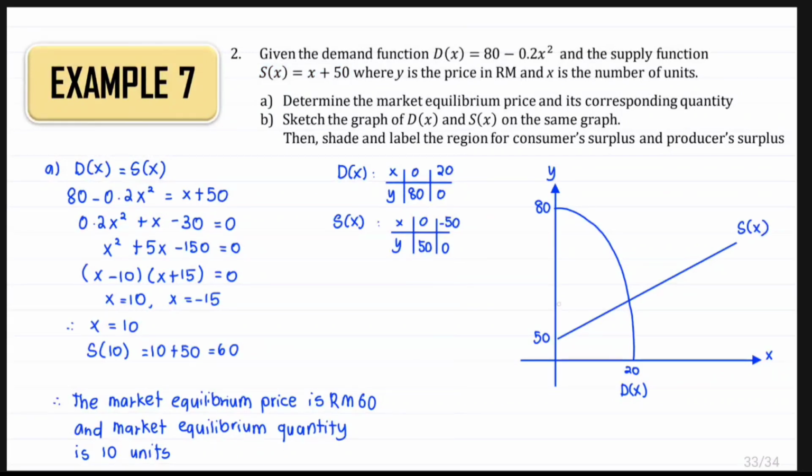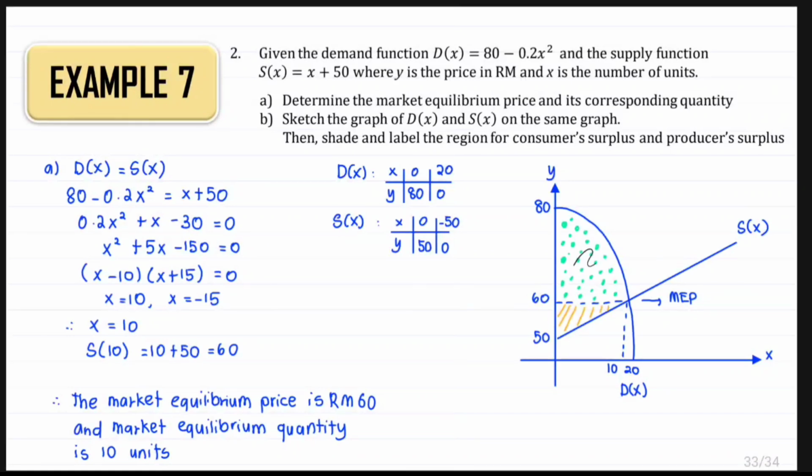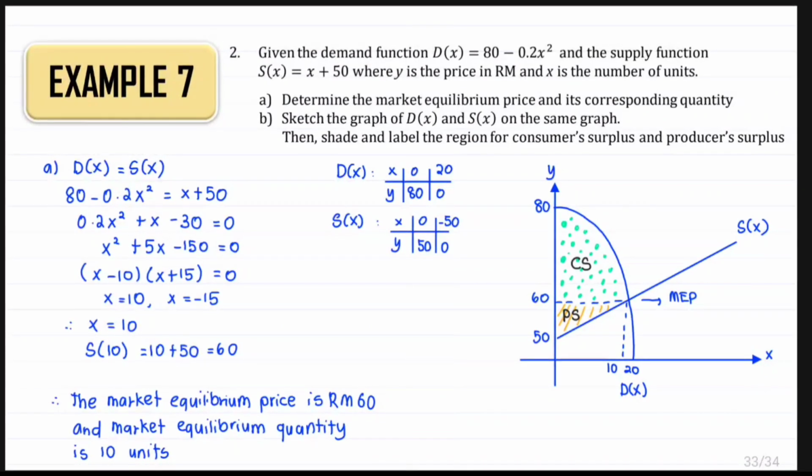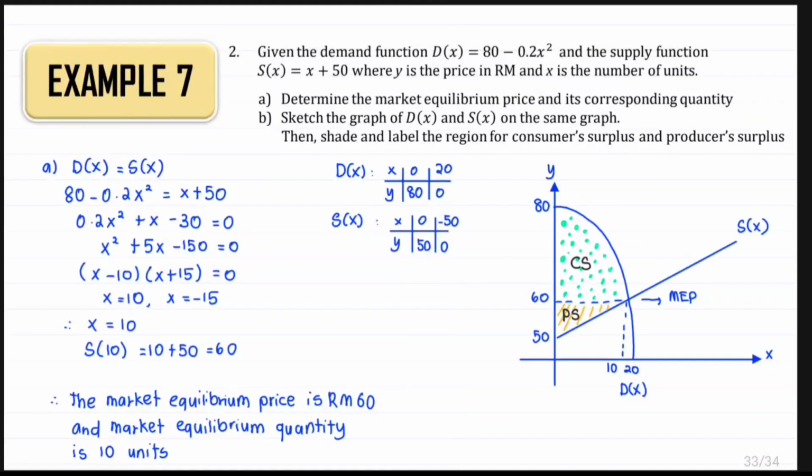Then, we have the market equilibrium point here, with point 60 for y and 10 for x. Then we shade and label the consumer surplus and producer surplus. We label this one as consumer surplus and this one as producer surplus. Okay, that's all. We finished Chapter 3.